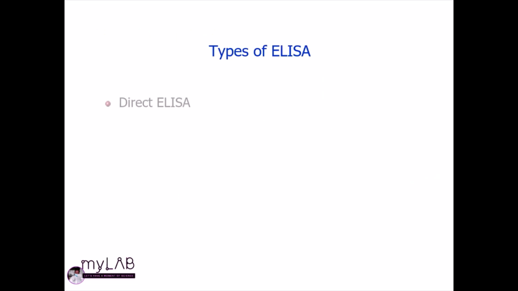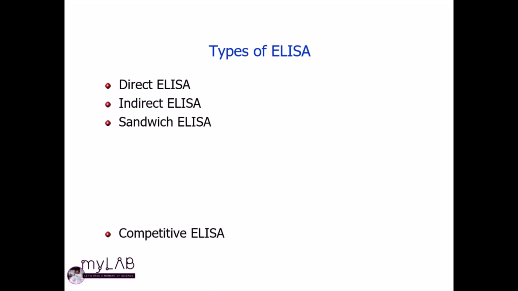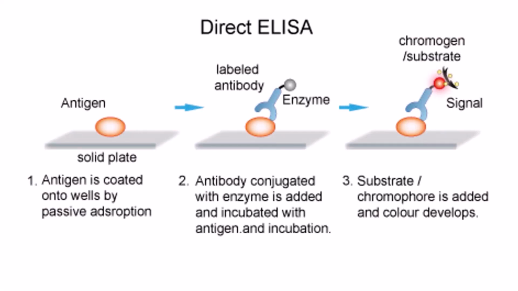The types of ELISA that we are going to look at, the main ones, are direct, indirect, sandwich, and competitive ELISA. The direct ELISA involves an antigen being coated on the well, and this well is called a microtiter plate well. The antigen is going to be coated on this well by passive adsorption, and then maybe let's use the example of HIV.